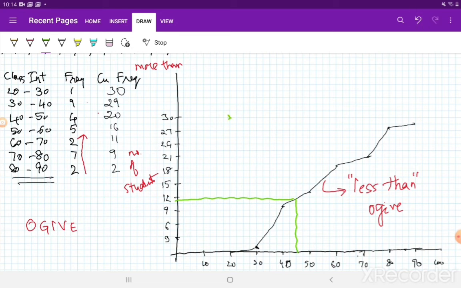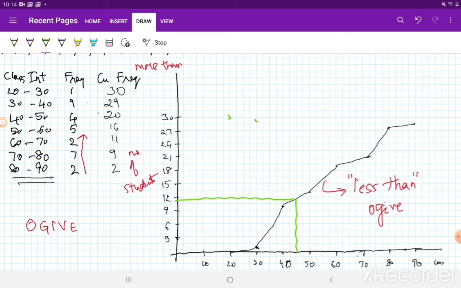More than $30 is 29. More than $40 is 20 people.